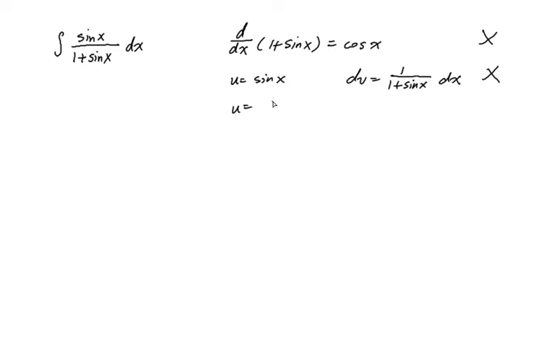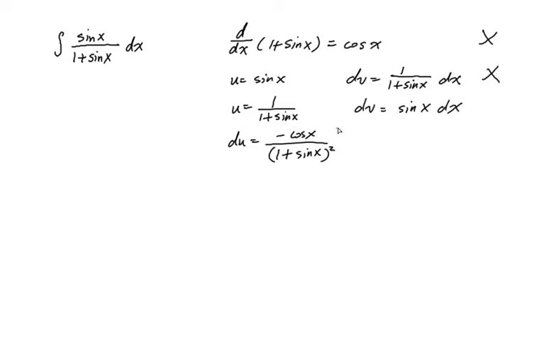If we take the denominator instead, du is going to be minus cosine x over 1 plus sine x squared. Basically you just apply the chain rule, and the negative comes from the reciprocal, the minus 1 power.